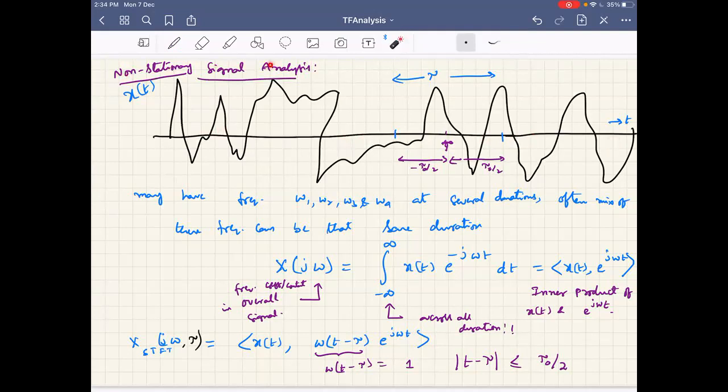Such signals are referred to as non-stationary signals. For example, the mean amplitude and the variance of amplitude may be quite different here compared to here. Similarly, the frequency content also varies over time. For analysis of such non-stationary signals, people often use this window-based Fourier transform, referred to as the windowed Fourier transform or short-time Fourier transform.